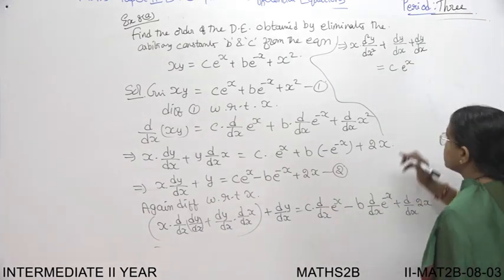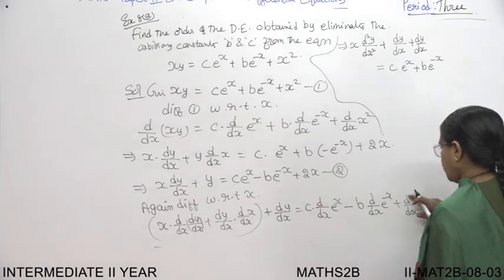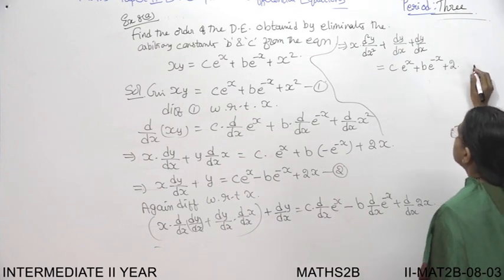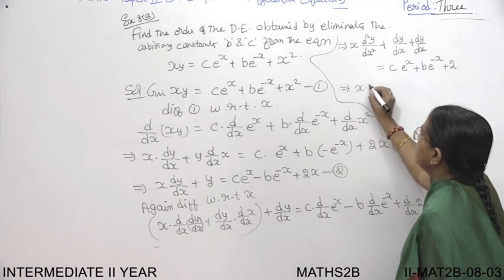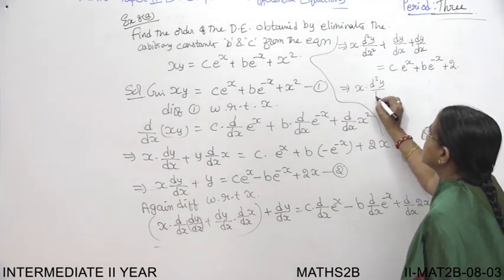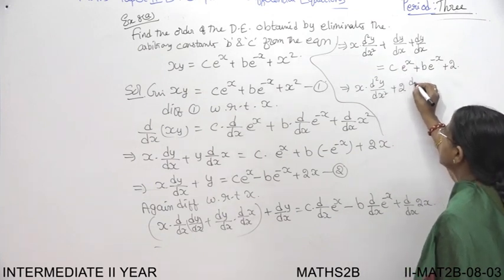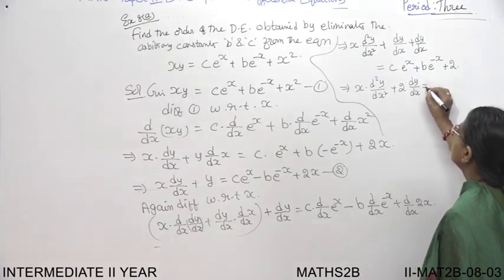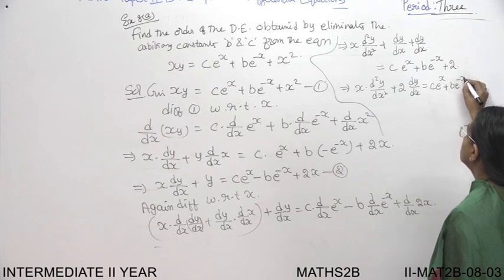Minus of minus becomes plus, so plus b e power minus x plus d by dx of 2x is 2. So this is your third equation. That means you got x into d square y by dx square plus 2 times dy by dx is equal to c e power x plus b e power minus x plus 2. This is your third equation.